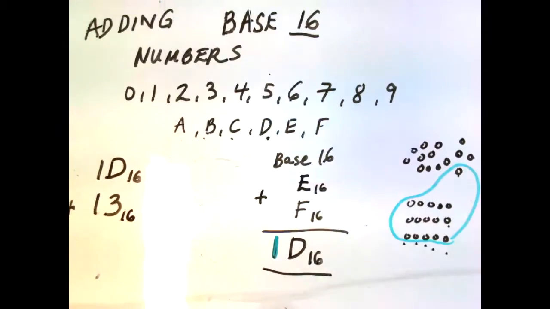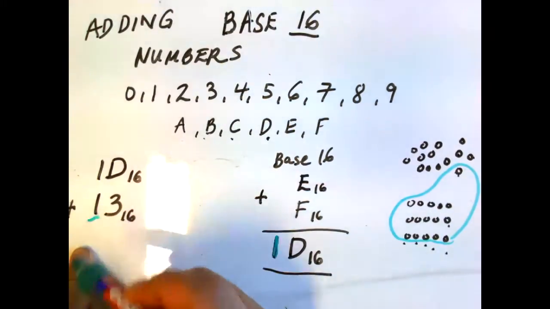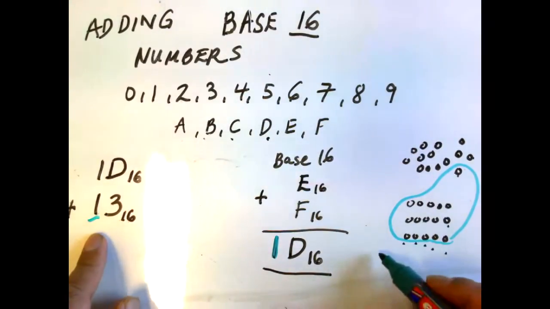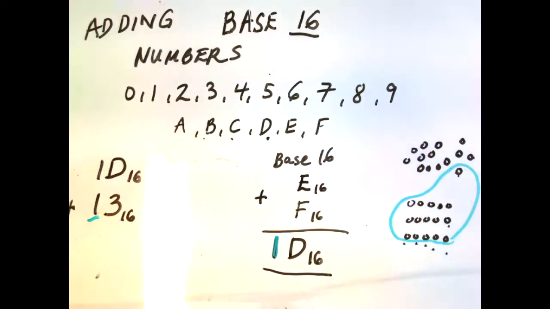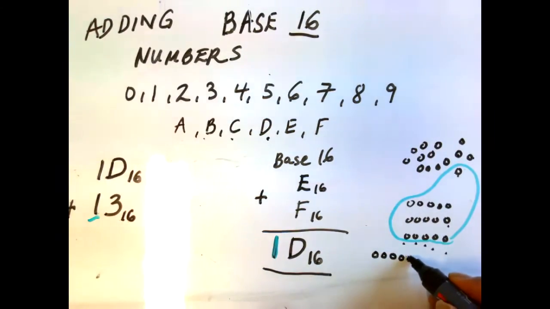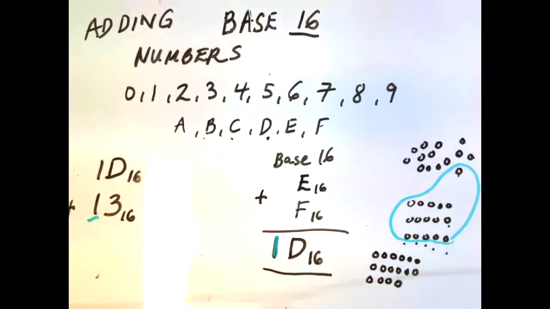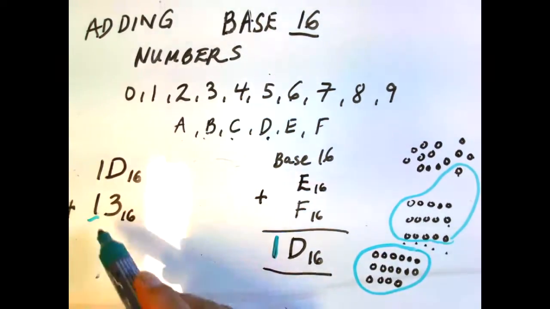This whole thing is 1D. Now let's add 13. So this means one group of 16. So let's count 16: 1, 2, 3, 4, 5, 6, 7, 8, 9, 10, 11, 12, 13, 14, 15, 16. So this is one group of 16. And that represents this one in here.